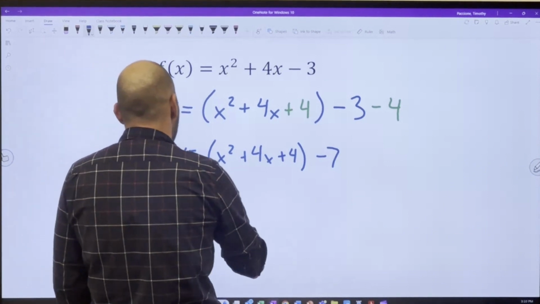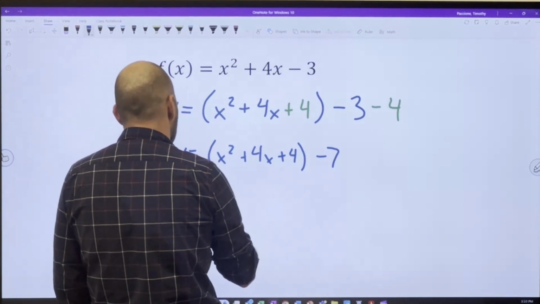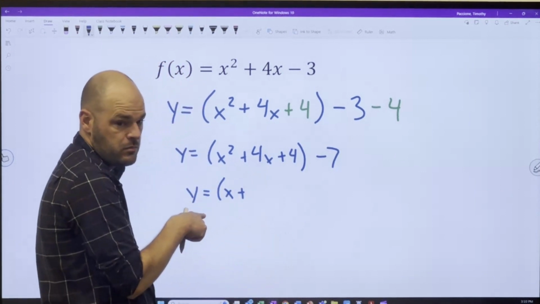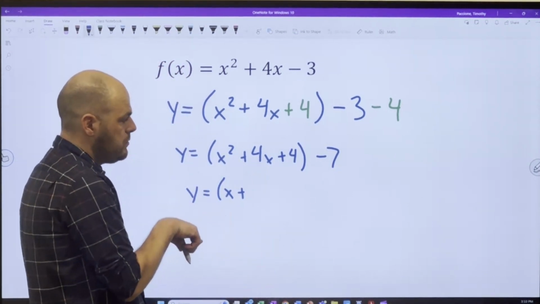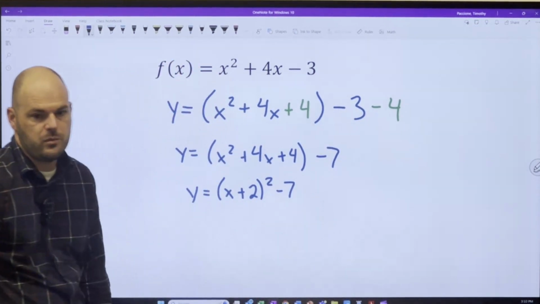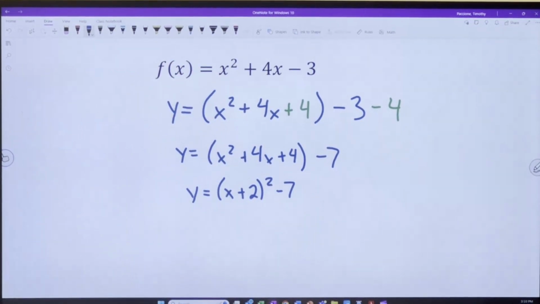So that becomes y equals x plus b divided by 2, which is 4 divided by 2, which is 2, squared minus 7, and I have vertex form. Right? If you get good at this, you practice it, it's a lot quicker and more efficient than the other way. Okay? That took us less than a minute. Our warm-up took us like 5 minutes.